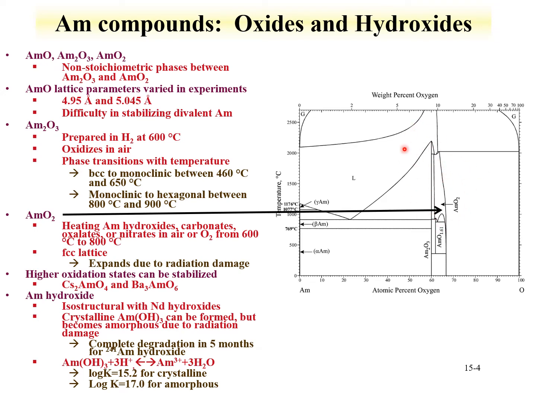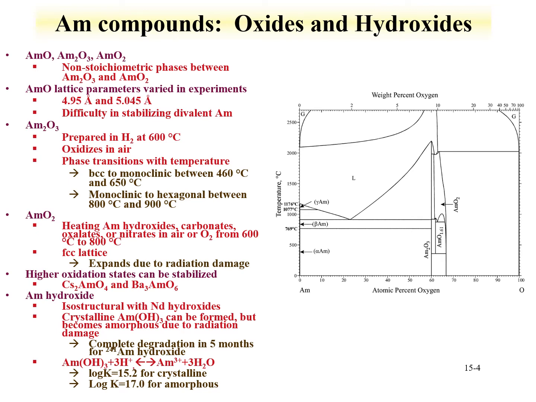The formation phase is shown here in the phase diagram of Americium with oxygen. Higher oxides can be stabilized through the formation of mixed metal compounds as shown here, since Americium does have higher oxidation states.